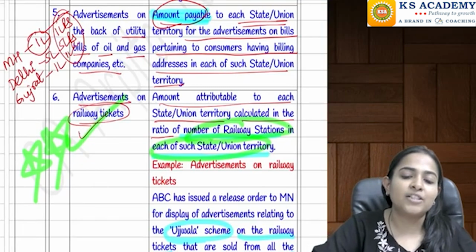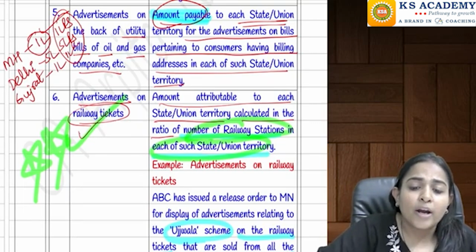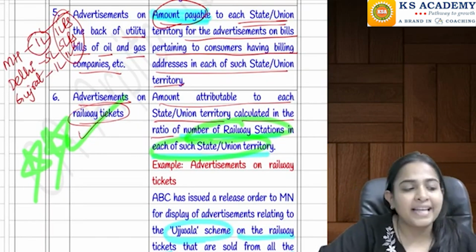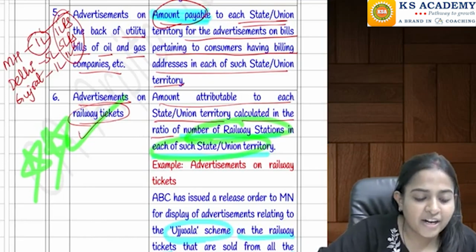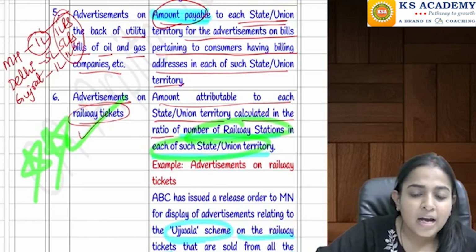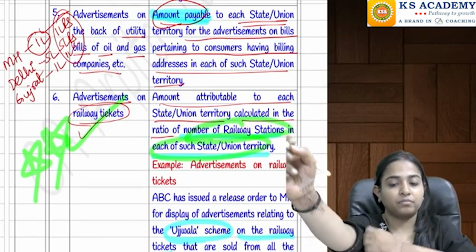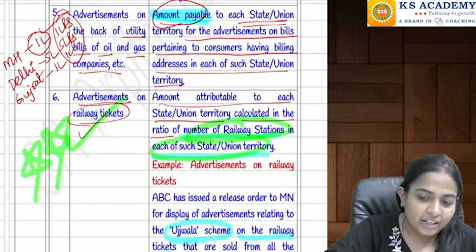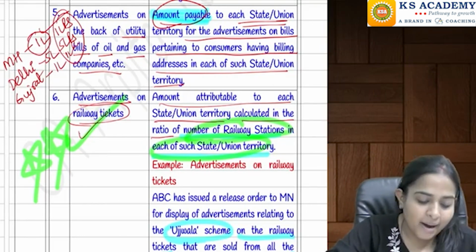Let's say the government has told that all the railway tickets which are sold from Maharashtra, on that we are going to put an advertisement. Now just try to understand. There is a particular railway ticket that will be sold from Maharashtra.